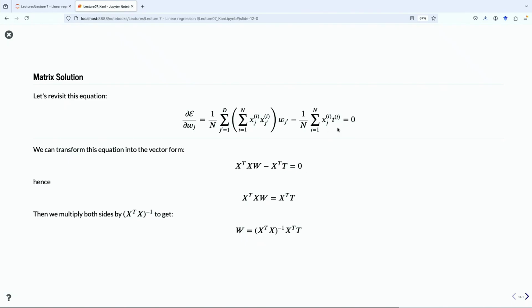And we have to set that equal to 0, because the minimum occurs when the partial derivative is equal to 0. So the 1 over n term falls away because we set this equal to 0 and multiply both sides by n.